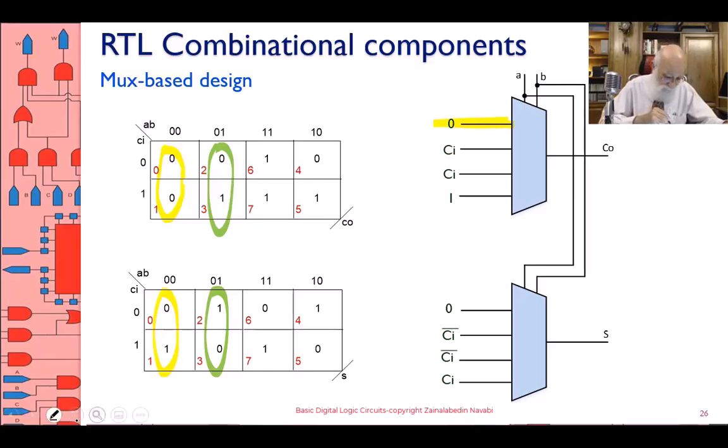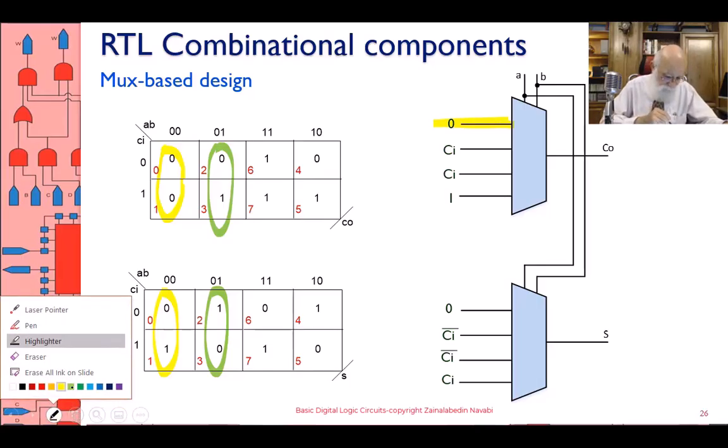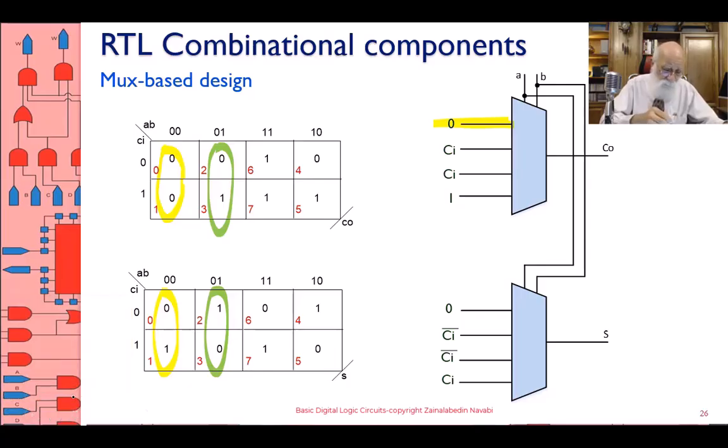Let's go on to the next column. The next column says AB is 0, 1. That means row number 1 of the multiplexer. Look at the green circle I'm showing on the left. If C is 0, the contents of the Karnaugh map is 0. If C is 1, that is 1. And therefore, what goes in there is C, or C in.